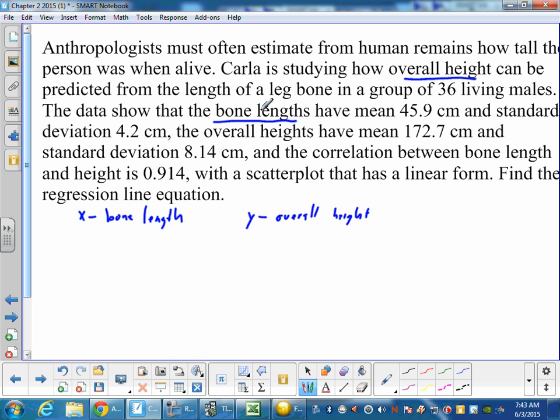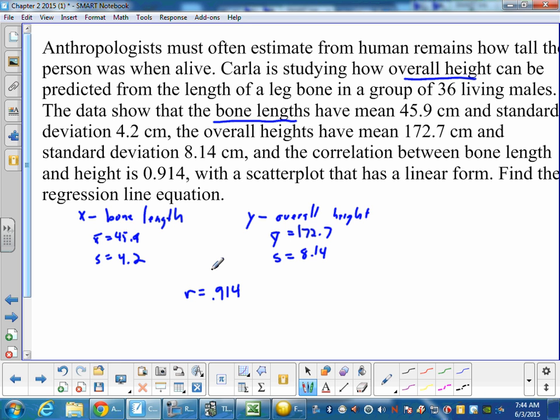The mean is 45.9 with a standard deviation of 4.2. Over here we have a y mean of 172.7, and that standard deviation is 8.14. Now the correlation in the whole thing is 0.914. This is our r value.